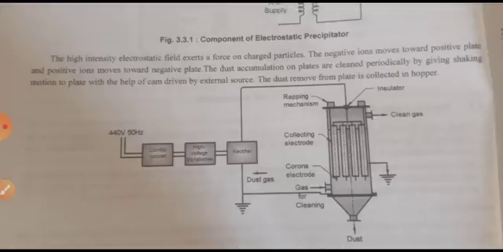The high intensity electrostatic field exerts a force on charged particles. Negative ions move toward the positive plate and positive ions move toward the negative plate. The dust accumulated on the plates is cleaned periodically by giving a shaking motion to the plates with the help of a cam driven by an external source. The dust removed from the plates is collected in the hopper.